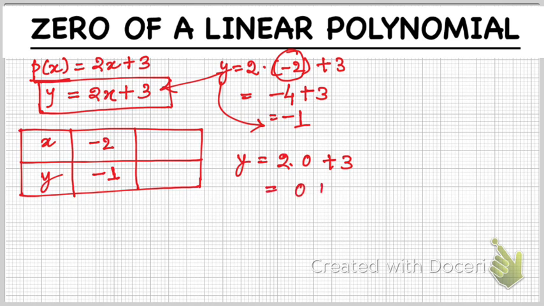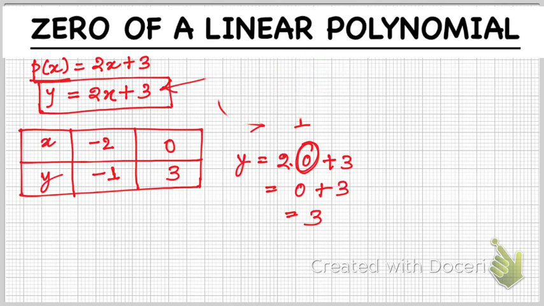That will give you 0 plus 3, which is again equal to 3. So if the value of x that we have taken is 0, the value of y will be 3. You can take any other values, but 2 points are sufficient to plot a graph. So I have taken only 2 points. You can take more than 2 points as you wish. Now we will be plotting a graph based on these 2 points.